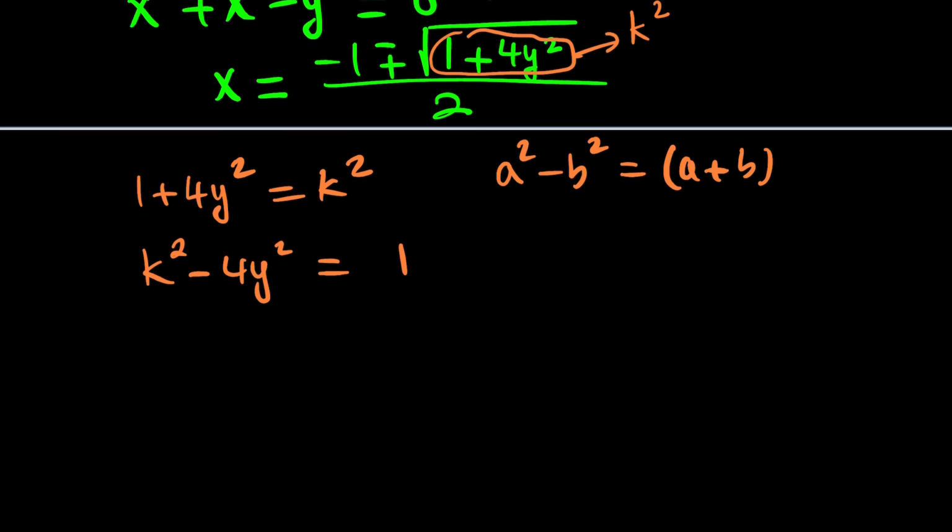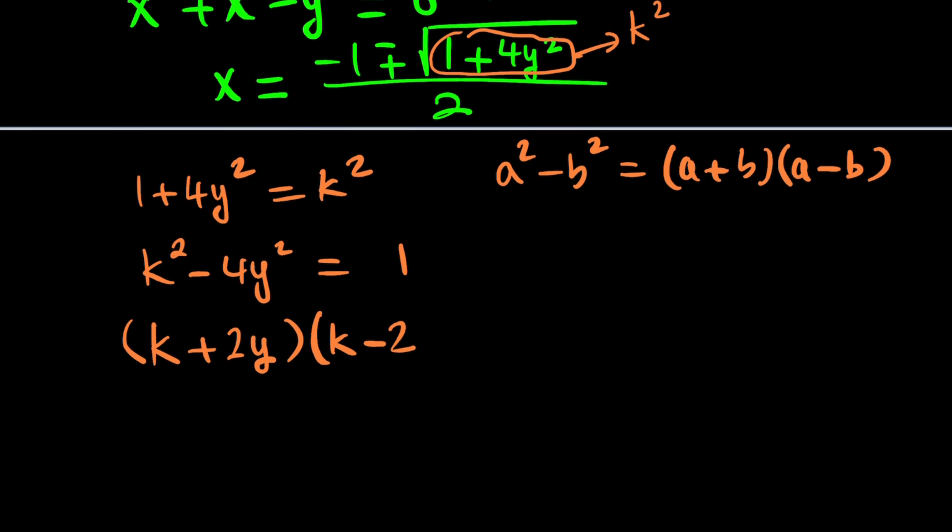You can factor a squared minus b squared as a plus b times a minus b. Great. So a is k in this case, and b is 2y, because 4y squared is the square of 2y, right? So we can now factor this as k plus 2y multiplied by k minus 2y. And that is equal to 1, right? Great.